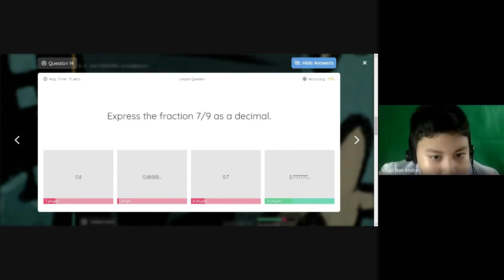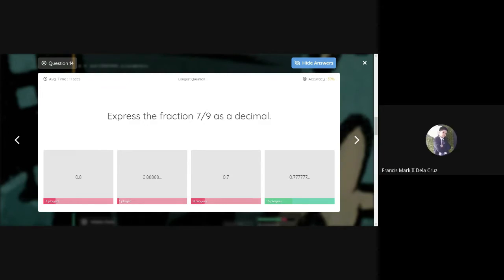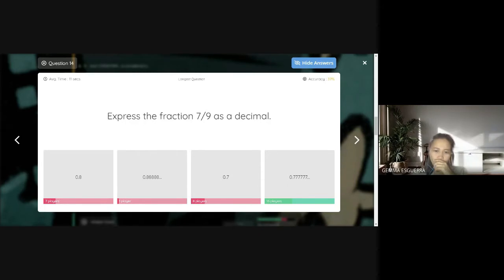Yes, ma'am. You are free to ask if you can't understand or kailangan pa ba nating i-divide? No need po ba? No need na po. Pwede po i-divide mo po. I-divide natin. Okay, sige, tingnan natin. Babalik po tayo sa... Wait lang.